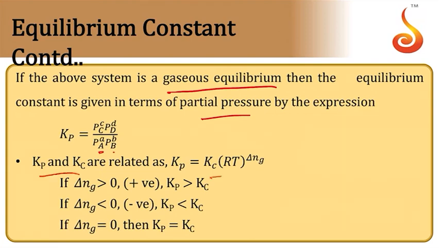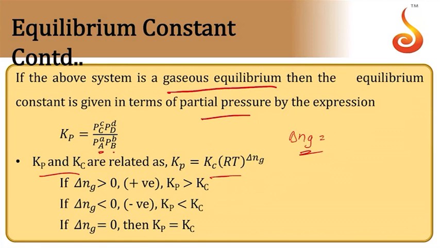Kp and Kc are related as Kp is equal to Kc into RT to the power delta n. This delta n is the number of moles of gaseous products minus the number of moles of gaseous reactants. So it is the difference between the number of moles of gaseous products and gaseous reactants.